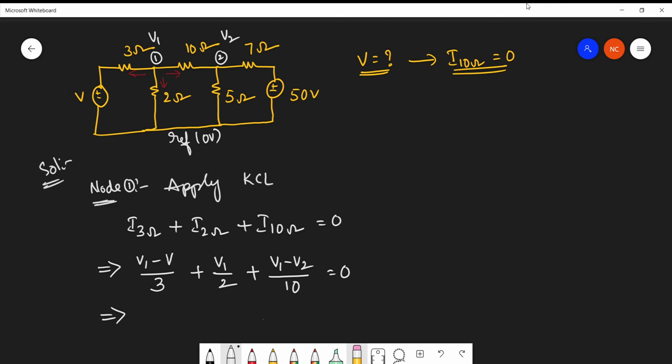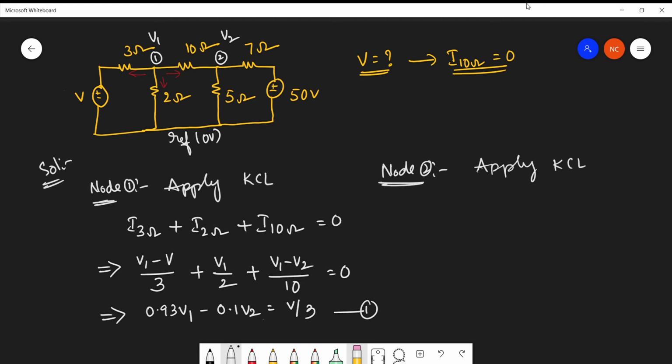The value is 0.93 V1 minus 0.1 V2 equals V/3. So this is the first equation. Now consider node 2. Again apply KCL.